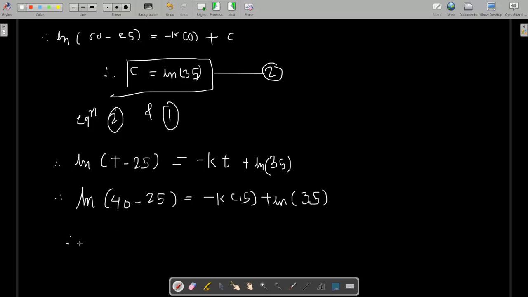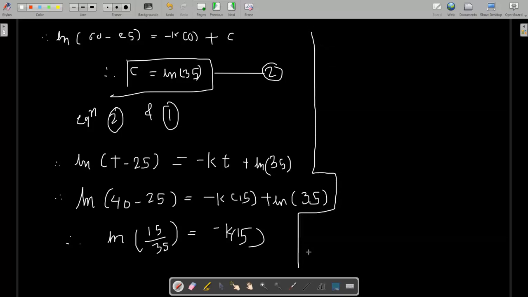When you solve this, you will get ln of 15 by 35, because the difference in logs becomes division, equal to minus k into 15. To remove this minus, we take the inverse ratio: ln of 35 by 15 is equal to k into 15.